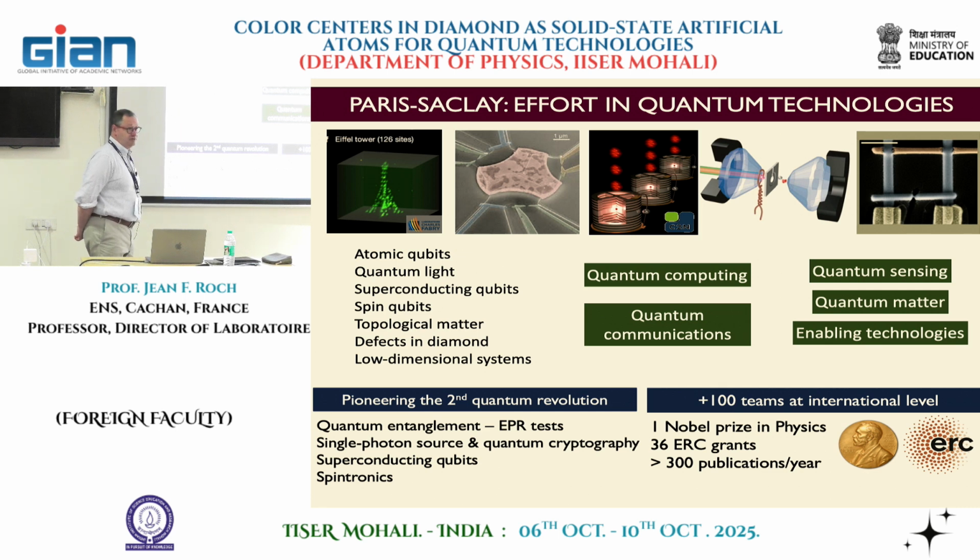And there is beautiful ongoing work at the moment in this team, where people use the superconducting technology that has been developed for qubits to do magnetic resonance at a level of accuracy which is unbelievable, where you can probe a single nuclear spin and detect its environment.